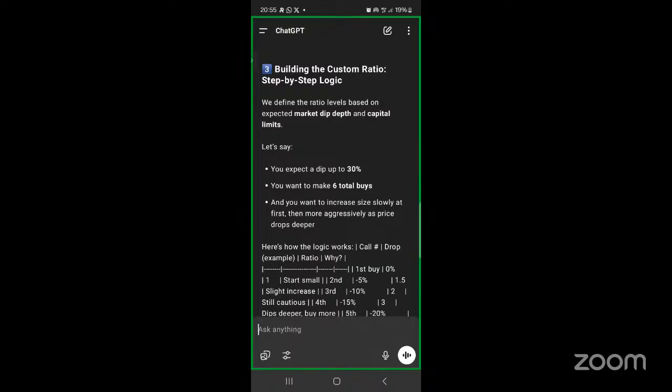You want to make 6 total buys, that is the first buying amount inclusive. And you want to increase the size slowly at first, then more aggressively as the price drops deeper. So here is the concept, Jojo and everybody listening.